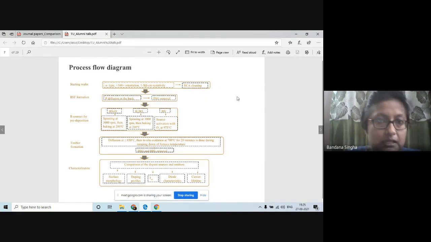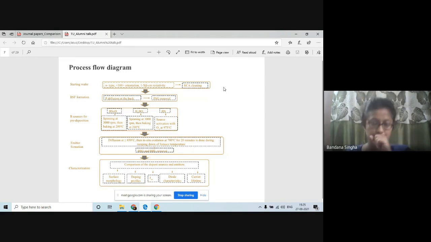RCA cleaning was developed by the Radio Corporation of America long back in 1965. These RCA cleaning techniques are used to clean the wafers used in our experimental work.